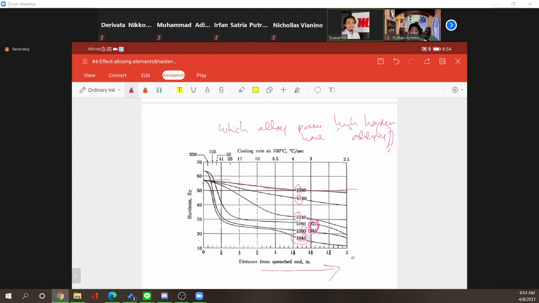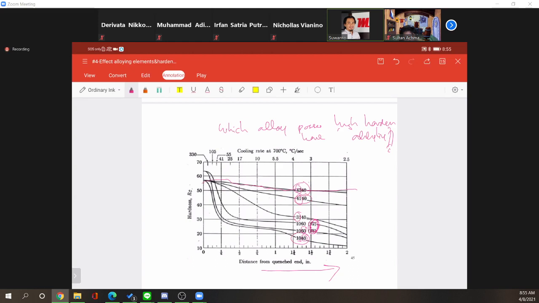So this is basically the definition of hardenability: how deep the sample can be hardened. So the answer will be 4340. Okay, and then less hardenability, or less ability to be hardened, is 4140.